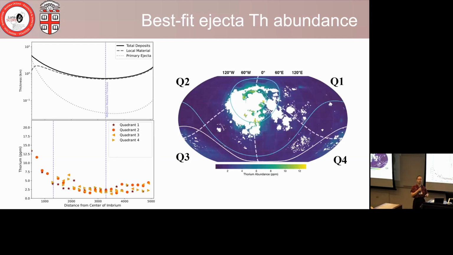In order to limit our study to regions that are most likely to have signal from that, we're actually excluding the entire Imbrium continuous ejecta. We are also only fitting between that. You see the two blue circles on the map.